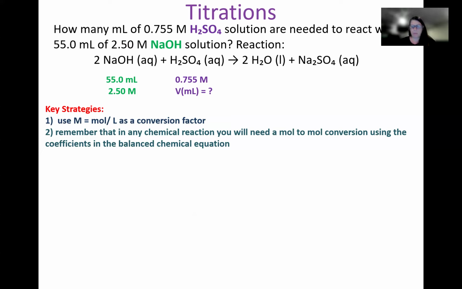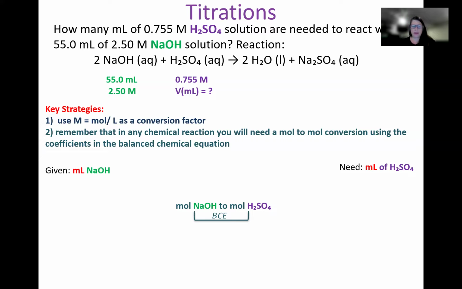As I said before, our needed unit is milliliters of that sulfuric acid solution, and we're given milliliters of the sodium hydroxide solution. Somewhere in the middle, we'll need to do moles of sodium hydroxide to moles of sulfuric acid using the coefficients in the balanced chemical equation.